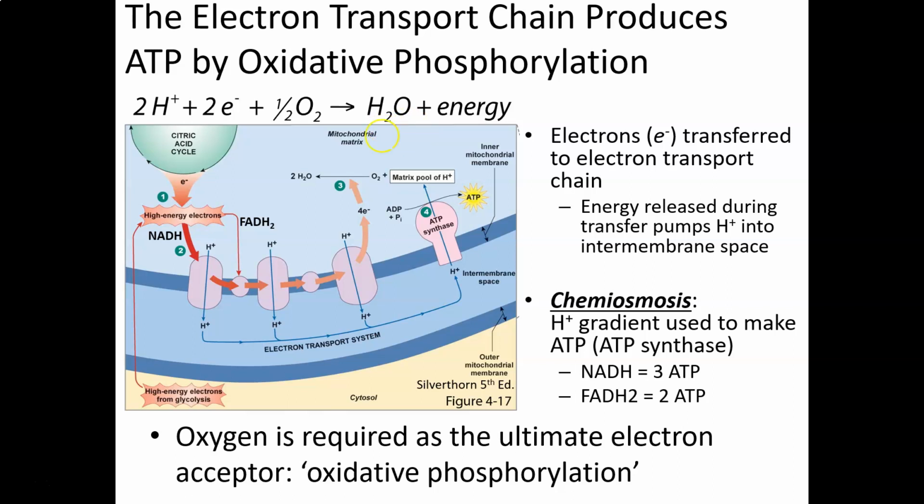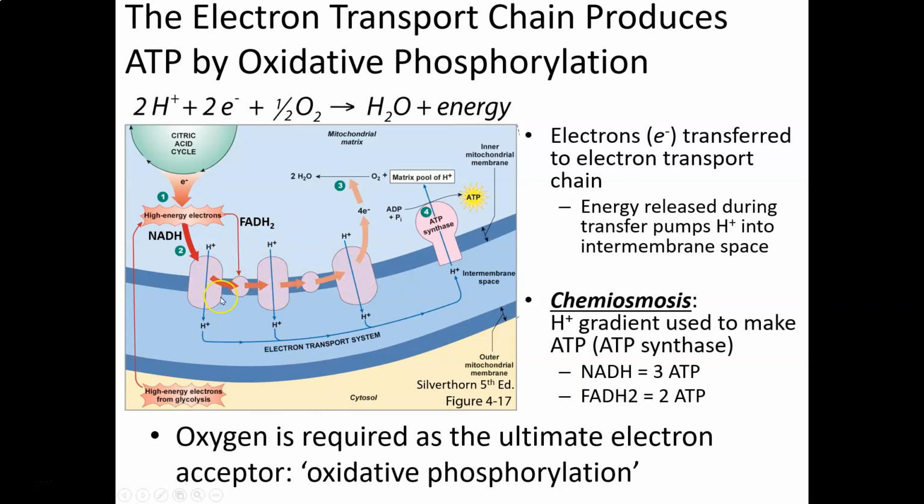Okay, it's a pretty simple process from that standpoint. And that whole process together, and this is the key, is called chemiosmosis. So the chemiosmotic theory explains how that works. So basically it involves pumping hydrogens across the mitochondrial membrane and then letting them diffuse across so we can make ATP.